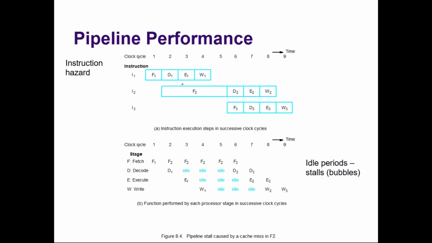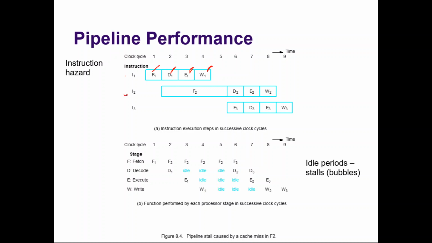Here is an example for instruction hazard. Instruction 1 is fetched during the first clock cycle, decoded during the second clock cycle, executed during the third clock cycle, and written to the memory or register during the fourth clock cycle.